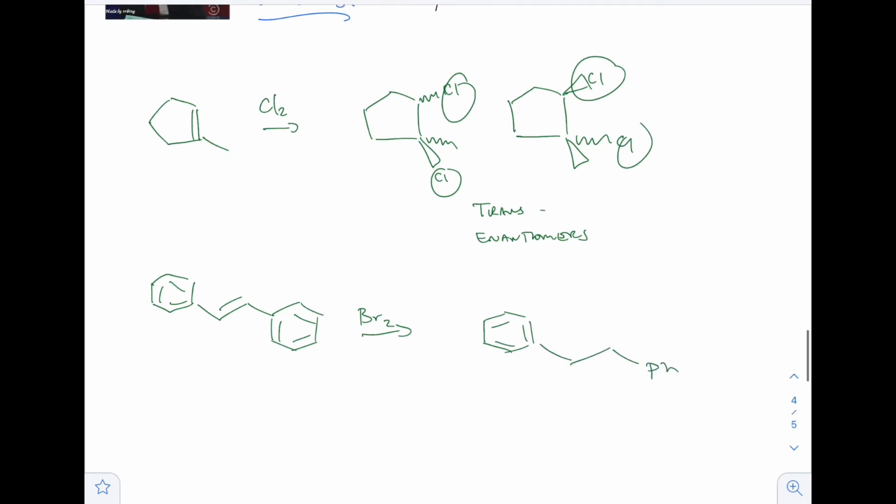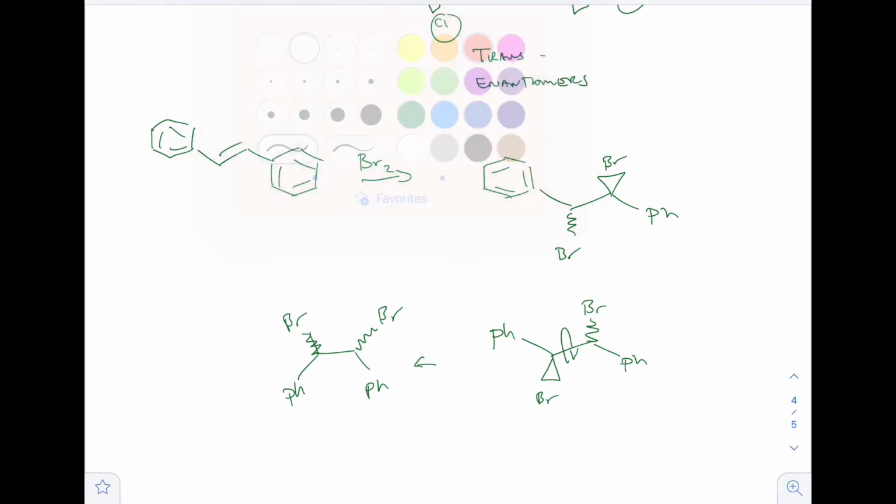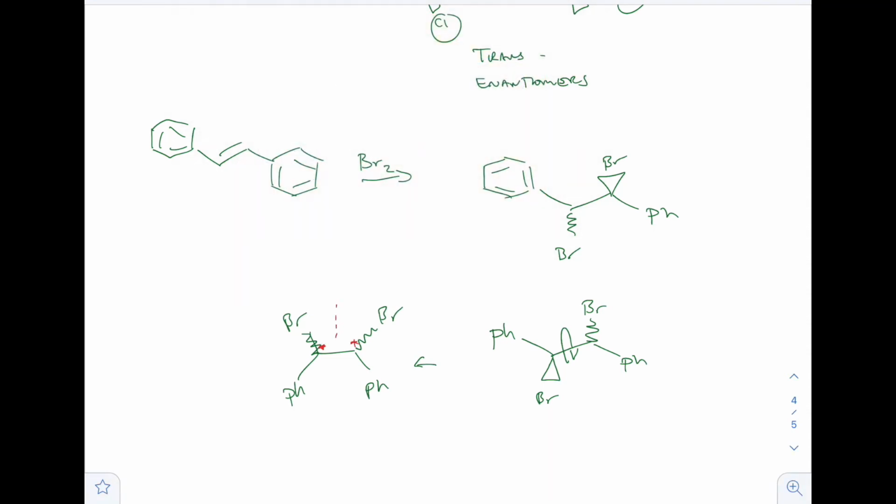All right, so we've got this trans compound right here. Of course, we can abbreviate that benzene ring with a Ph. That's what I'm doing here. We just did a problem like this, right? So what is this going to yield? It's going to yield meso isomers, identical compounds, two of them, and there you go.